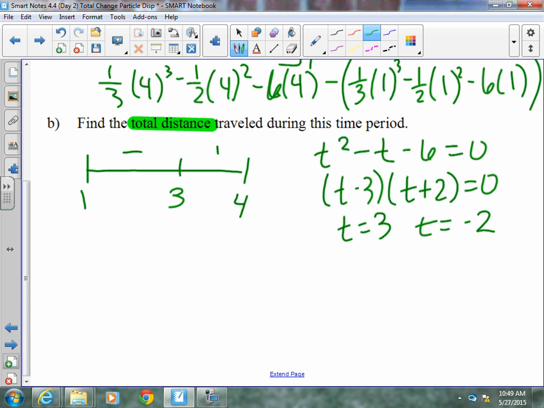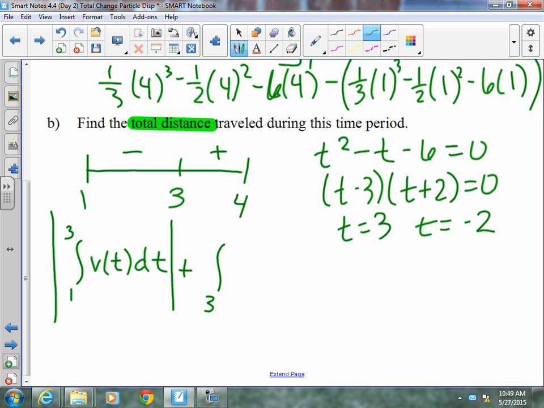If we test, we find out that the particle is moving left in this section and positive in this section, which means to get total distance traveled, I'm going to write this symbolically. That's when it moves left. That's still movement, so we need to make it positive, so we put it in absolute values, plus the integral from 3 to 4 of v of t dt. Work out both integrals, the one on the left with absolute value, and then add them, and you will get 10 and 1/6.